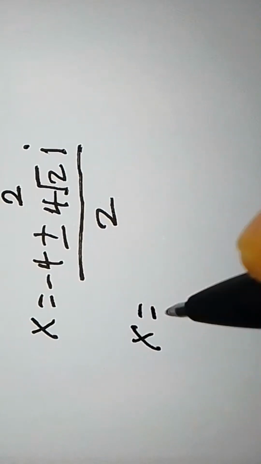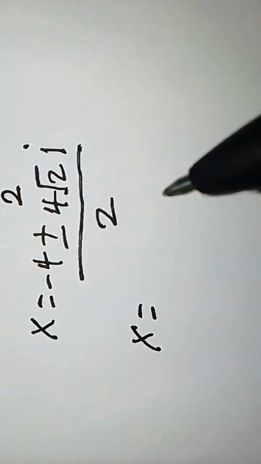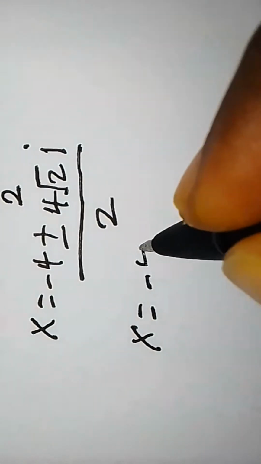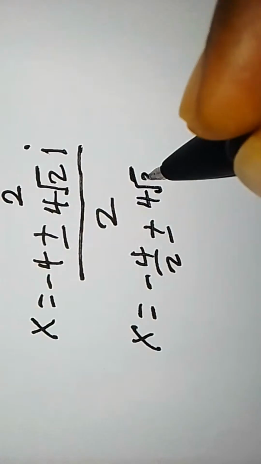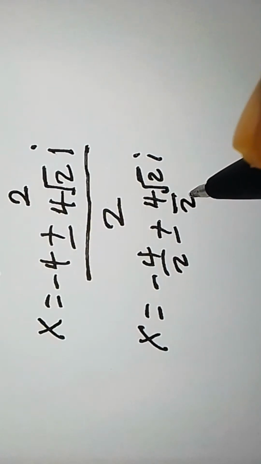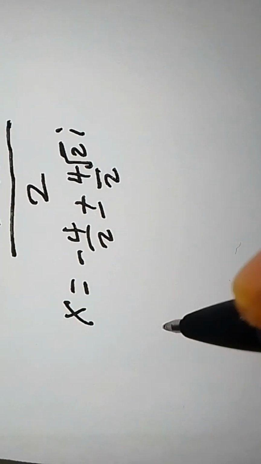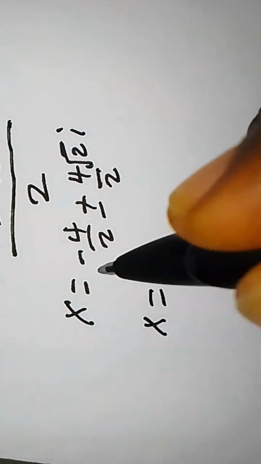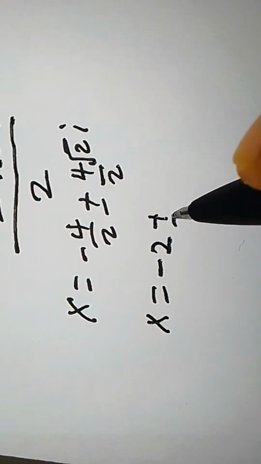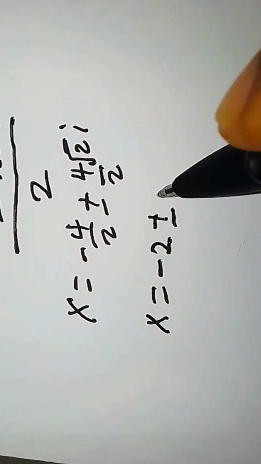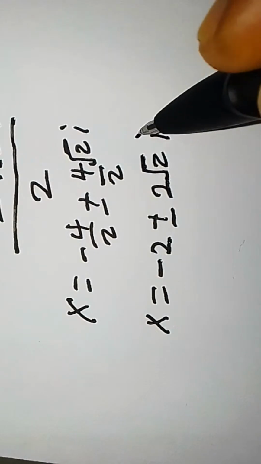x is now equal to, this whole right hand side could be written as minus 4 over 2 plus or minus 4 root 2i over 2. x is equal to minus 4 divided by 2, that is negative 2, plus or minus 4 divided by 2, so we have 2 root 2i.